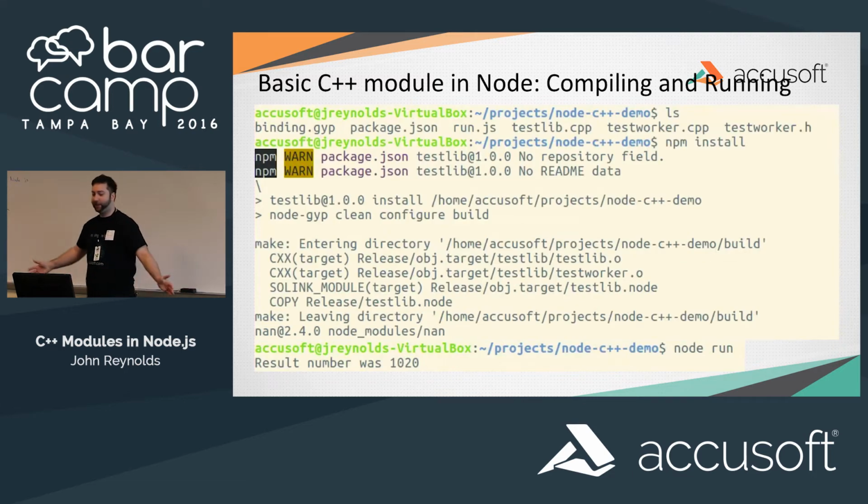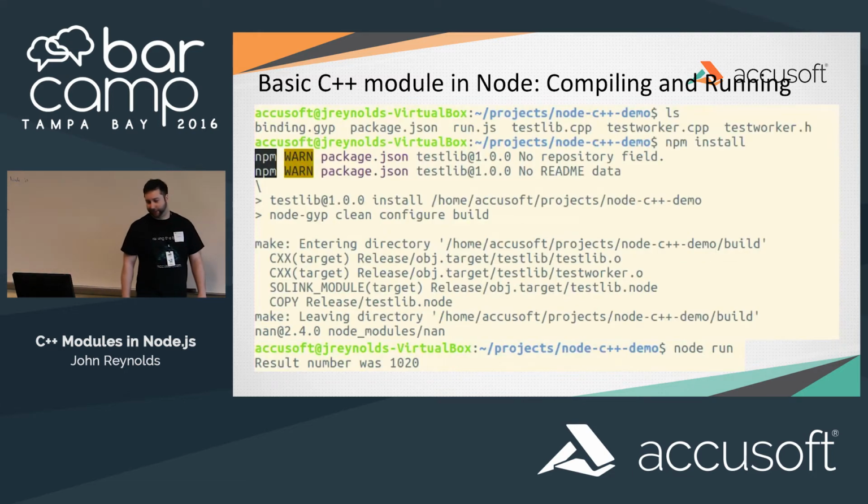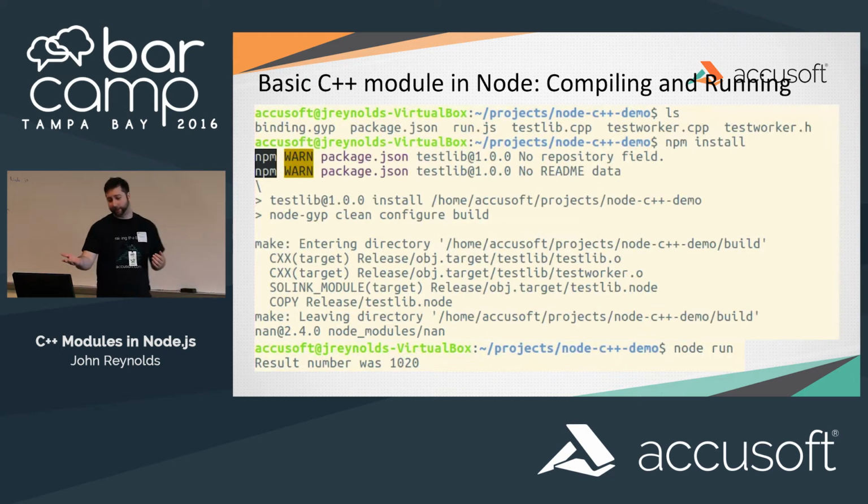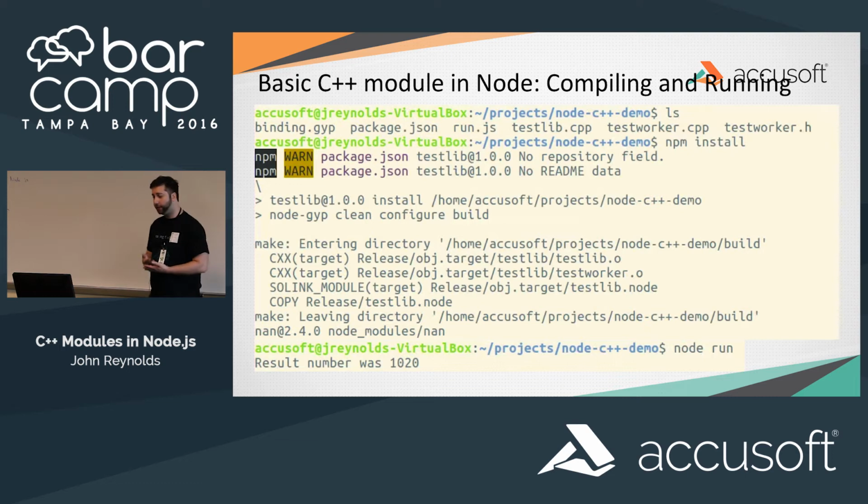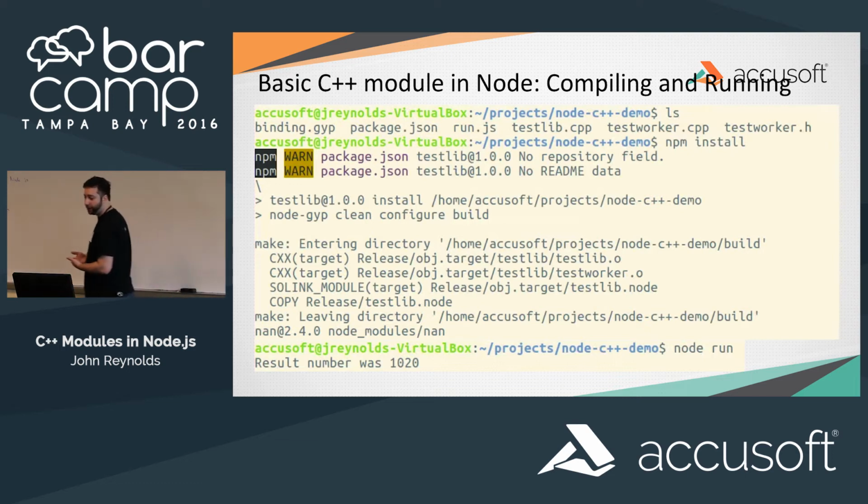So what happens when we run this? It's a good thing this is all slide code and not live code, because we were having fun with that last presentation. These are the files that are in your directory. And just by running npm install, it will automatically compile those C++ files, and it will create a .node file.